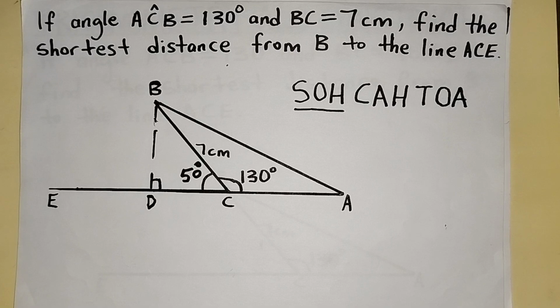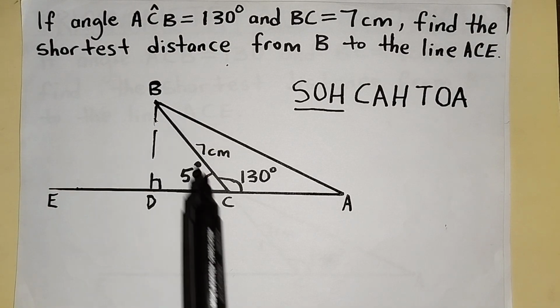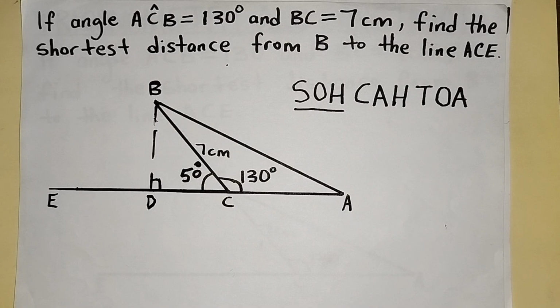Right, so we want to use trigonometry to find the length BD. Okay, so you can see here that we have a right angle triangle BCD. Okay, so we want to find this length BD.